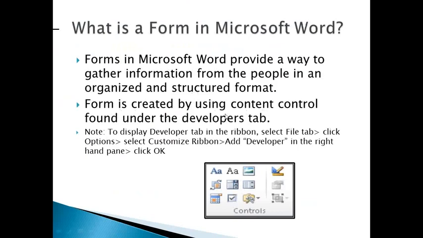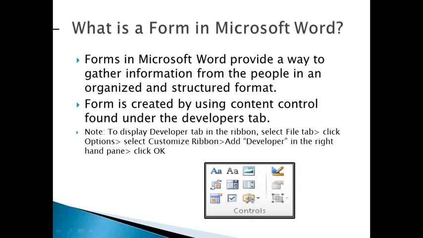So the form is created using the content controls, and these are some of the content controls that are available. We'll take a look at those content control features that are available in Word. They are under the Developer tab. In order to turn it on, you do have to.